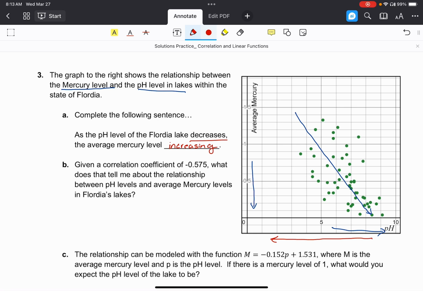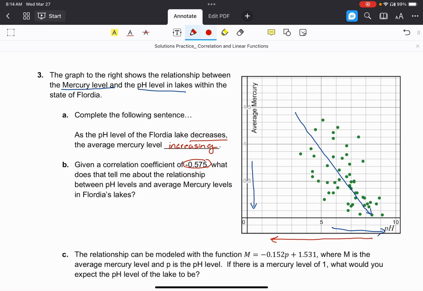All right, the correlation coefficient here is actually negative 0.575. So that's in the middle of our intervals of correlation. If we go back and look at our little table, that's between 0.5 and 0.7, which we say is moderate.